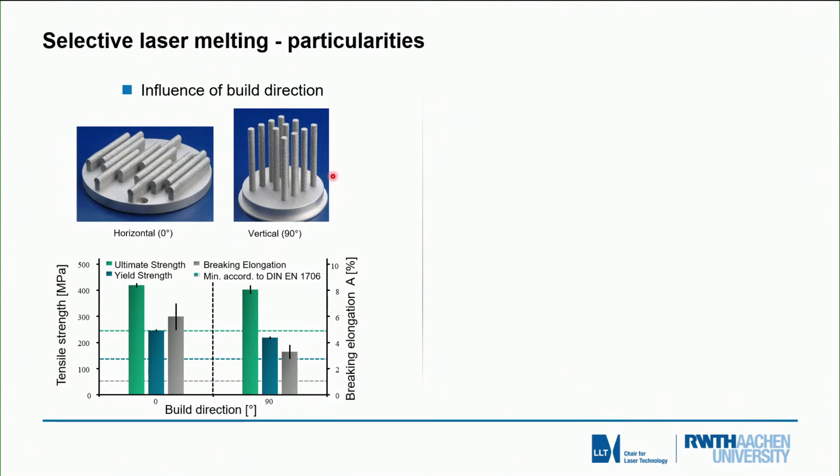If you look at the mechanical properties, ultimate strengths, yield strengths, breaking elongation, then you see the performance here in the bars, and in the lines you see the corresponding DIN values for the individual properties. Green is the ultimate strengths, blue is the yield strengths, and the breaking elongation is the gray. And you see in all instances we are well above the limits which are given by the corresponding norms.